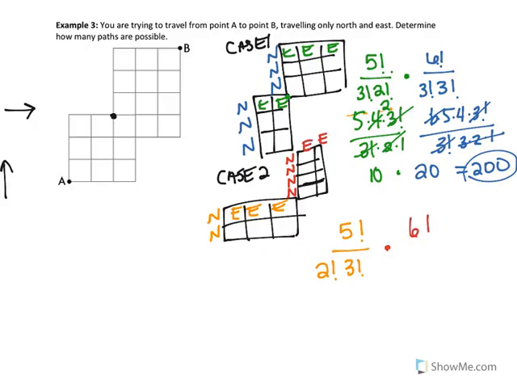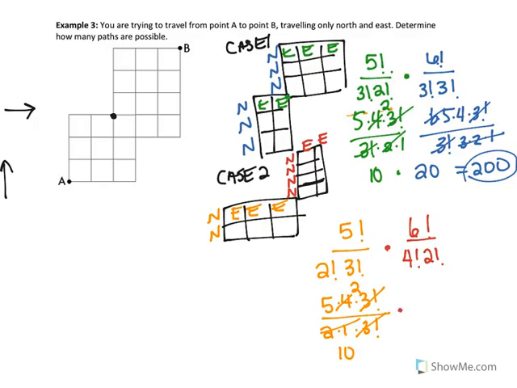So that's 6 factorial divided by 4 factorial, 2 factorial. And now we can simplify. So we have 5 times 4 times 3 factorial divided by 2 times 1 times 3 factorial. The 3 factorials cancel. And then we have 4 divided by 2 is 2. And we have 10 for that option.